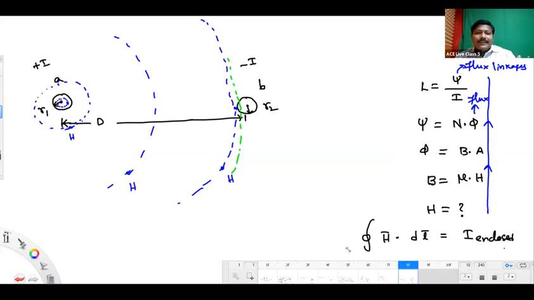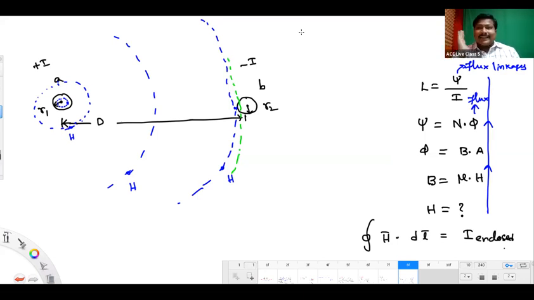My intention is to tell you that to calculate the flux linkages produced by only conductor A, we have to extend our ampere loop up to the surface of conductor B only.